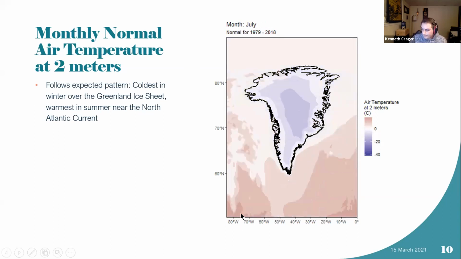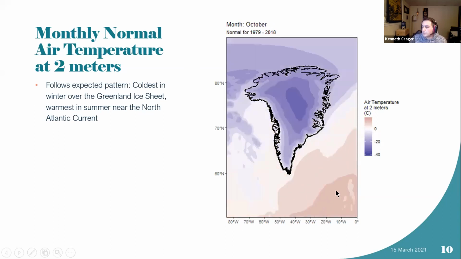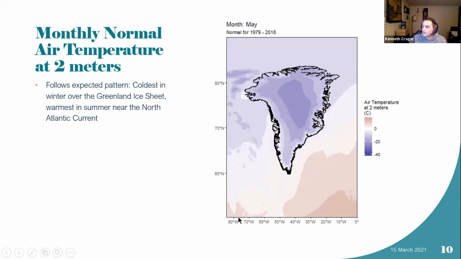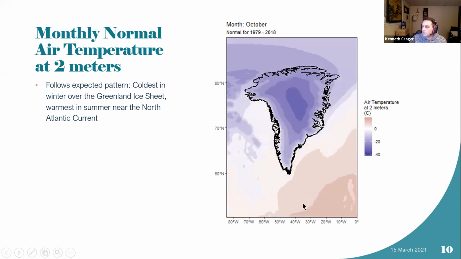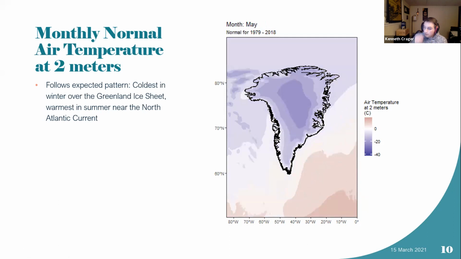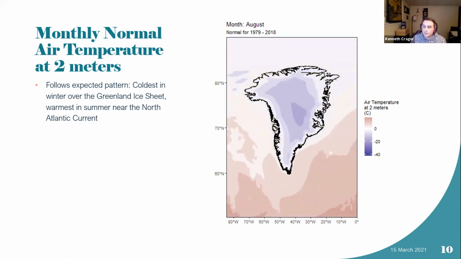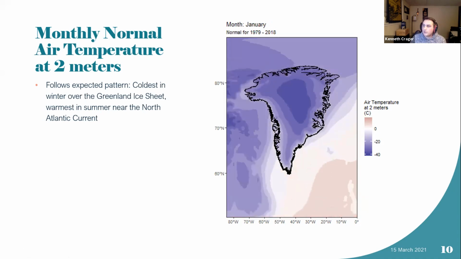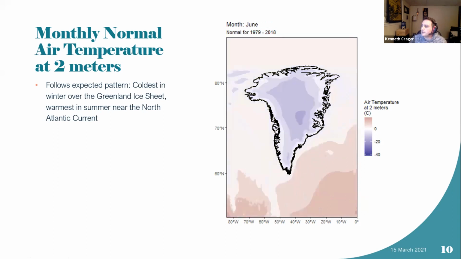So the North Atlantic current, which you could also think of as the tail end of the Gulf Stream as it feeds into the Canary Current, runs roughly in the southwest portion of the map. So that's where the warmest waters are, and that's kind of where your warmest air is going to be as well. So again, the normals here don't really show anything terribly surprising.